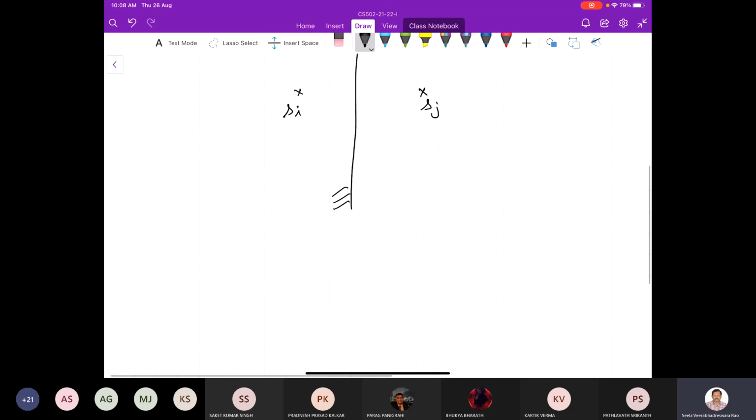Suppose let's take another situation where there are three sites. Let's name them. If you take a perpendicular bisector between SI and SJ, it will be something like this.